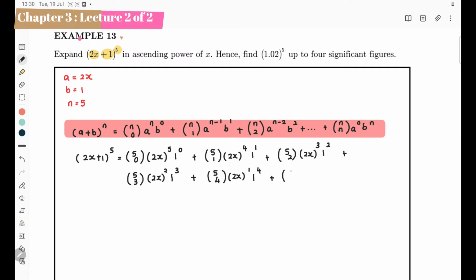And for the final term, 5C5, (2x) to the power 0, and 1 to the power 5.